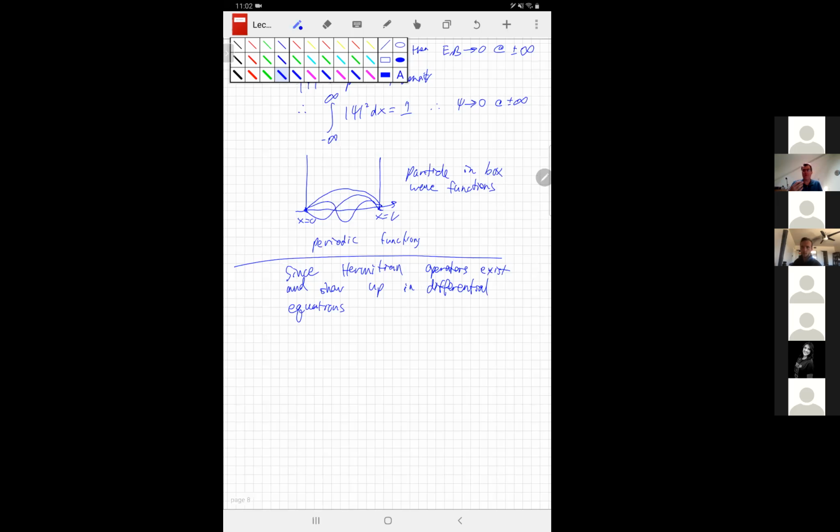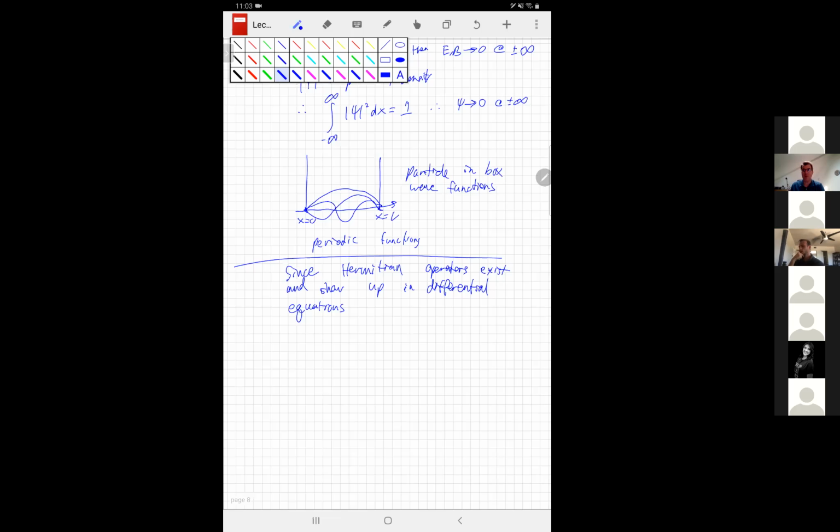Because think about all the differential equations you've dealt with for the past few weeks. You take some derivatives, and maybe you've got 1 over x times a derivative. Well, 1 over x is a function of x. 1 over x is a Hermitian operator, okay? X squared is a Hermitian operator. And in the Bessel equation, we get 1 over x or x squared, depending, multiplying, or 1 over x squared. We get all of those things depending on how we write out functions.